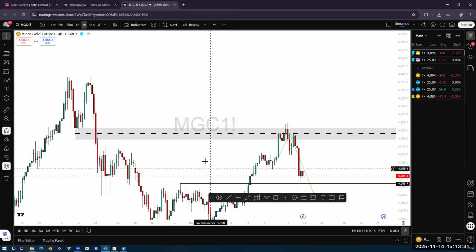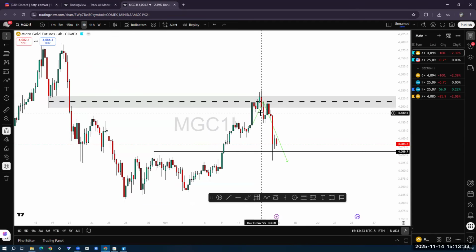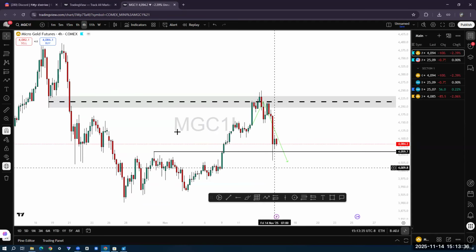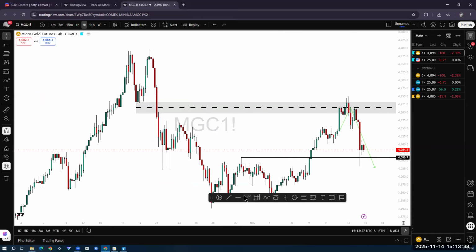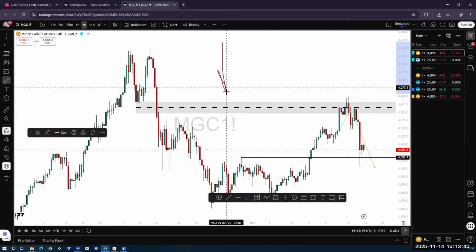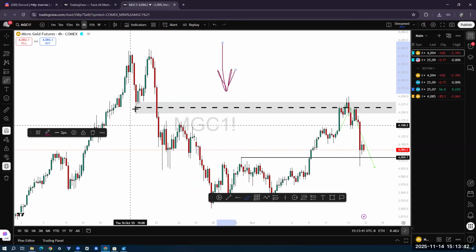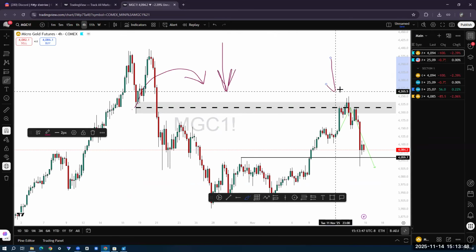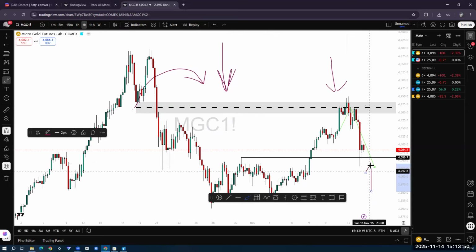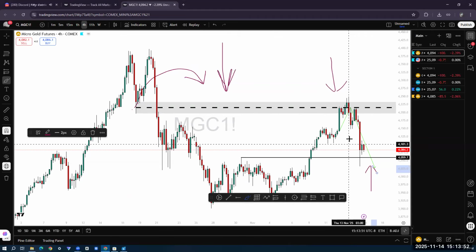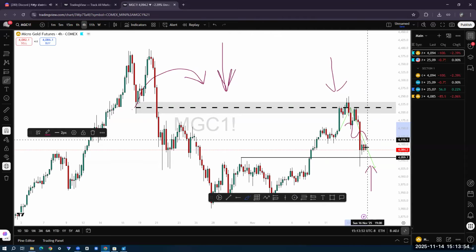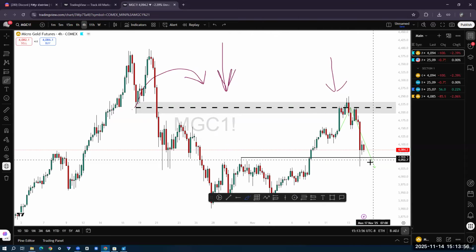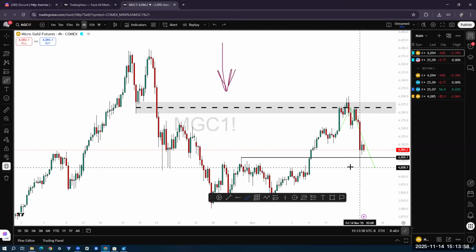So if I know price most likely has to come down in this direction, and we have something pushing us down, this is literally pushing us down. Everything is pushing us in the opposite direction, and we have something that might push us up, but we know that price has to find its way to come down here.